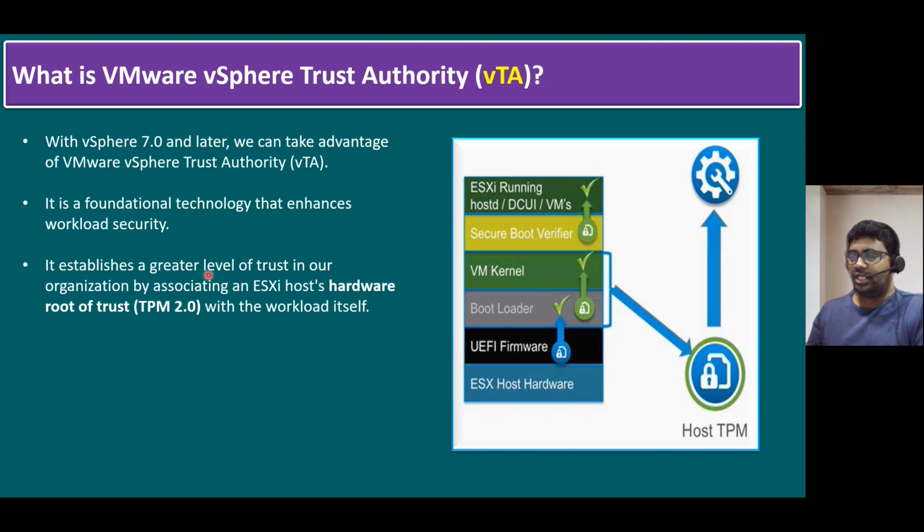It establishes a great level of trust in our organization by associating an ESXi host hardware root of trust, that is the TPM, and the latest version is TPM 2.0, with the workload itself. Not only at the hardware level, we can even attach a virtual TPM, vTPM, to virtual machines also. That is the point we mention here. Okay, now let's understand what is TPM.